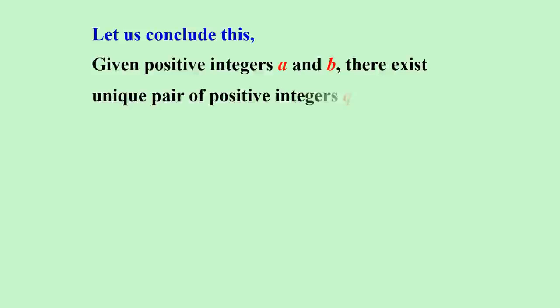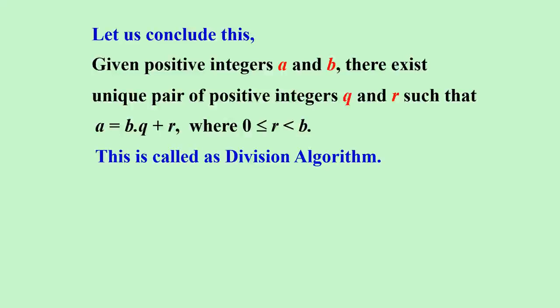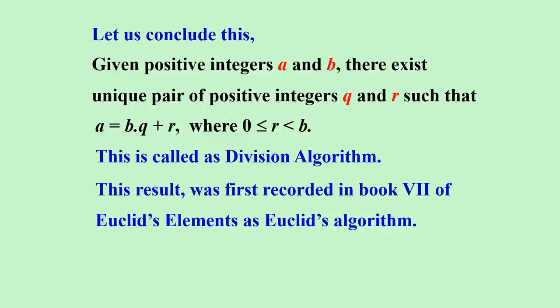Given positive integers a and b, there exists a unique pair of positive integers q and r such that a is equal to bq plus r, where 0 is less than or equal to r, less than b. This is called the division algorithm. This result was first recorded in Book 7 of Euclid's Elements as Euclid's algorithm.